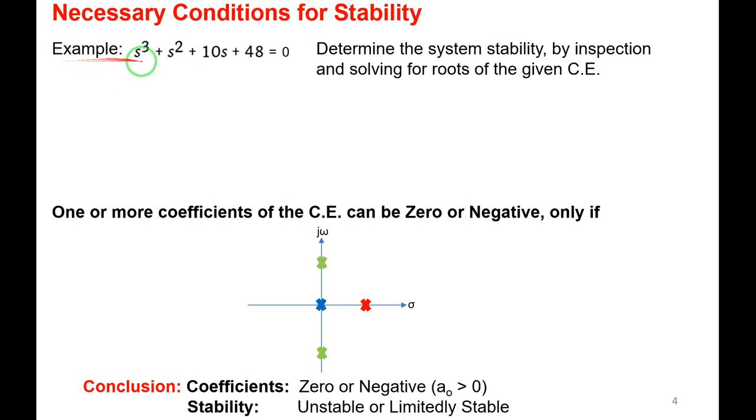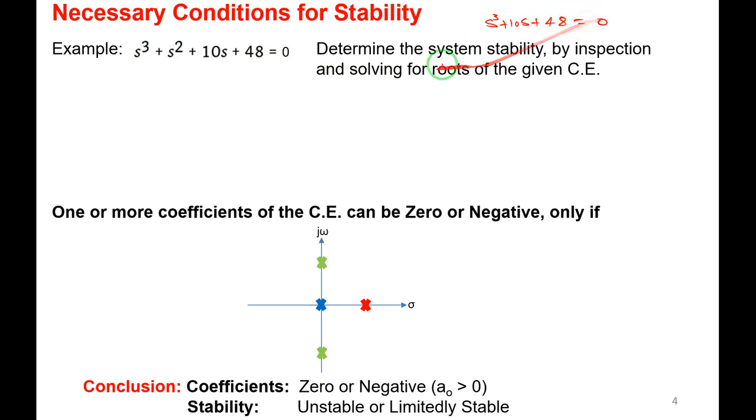Okay, next example we will take up: s cube plus s square plus 10s plus 48 equal to 0. Observe whether all the powers of s are present. Highest power of s is 3, then s square, s, it is present, s power 1, the constant, it is satisfied, and all the coefficients are positive. Suppose let me take another equation like this, s cube plus 10s plus 48.